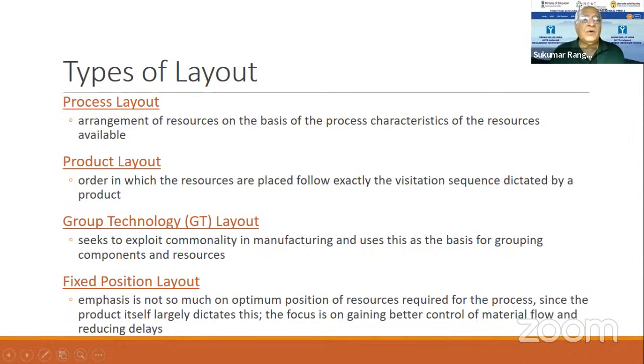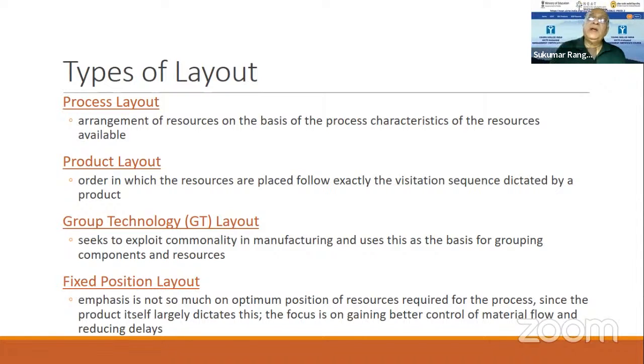Group technology layout seeks to exploit commonality in manufacturing and uses this. This is where, like we talked about in an automobile, the painting has to be centralized. All the components for painting have to come to the paint shop because it's highly corrosive, highly toxic, and needs special care.